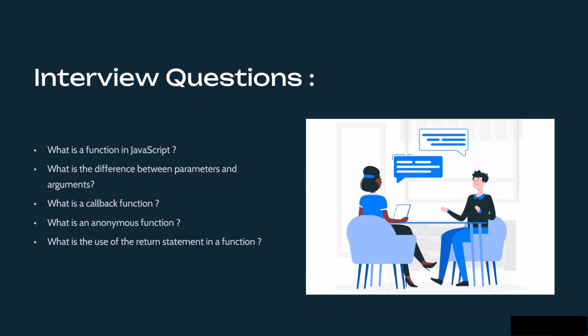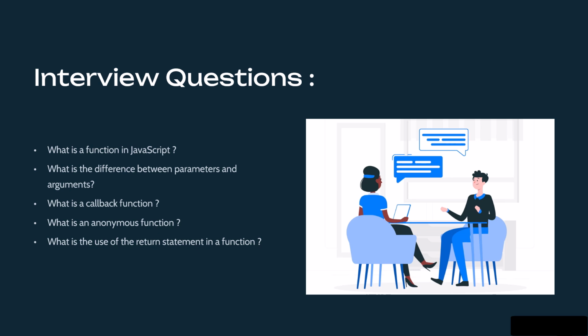Second question is, what is the difference between parameters and arguments? So the expected answer must be like, parameters are like input names in the function. Arguments are the actual values you give it when calling the function.